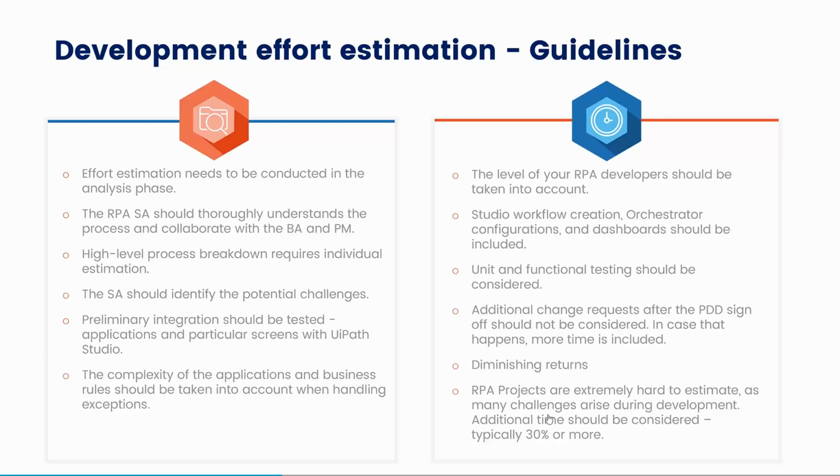As you can see, there are many points in this list that are hard to quantify, and this is why RPA projects are hard to estimate in terms of development effort. And as a result, additional time should be factored in for unforeseen challenges, typically 30% or more, but this varies when the level of uncertainty rises or falls.